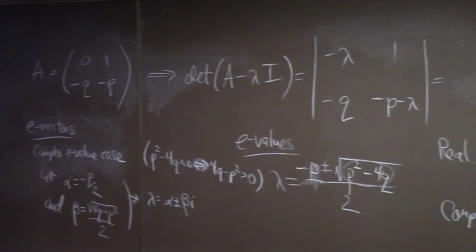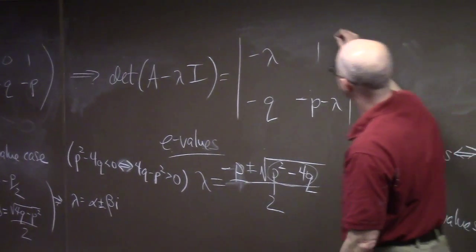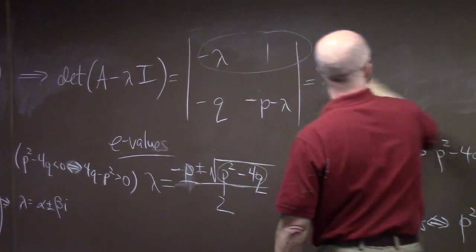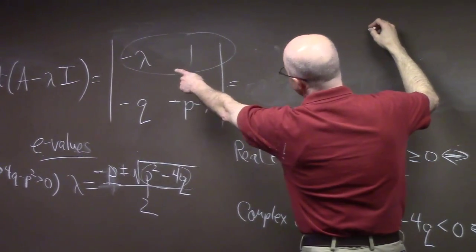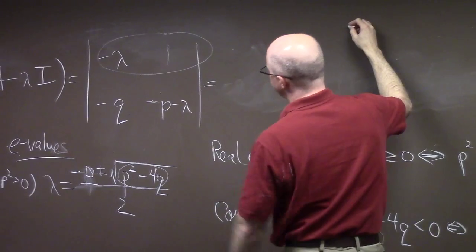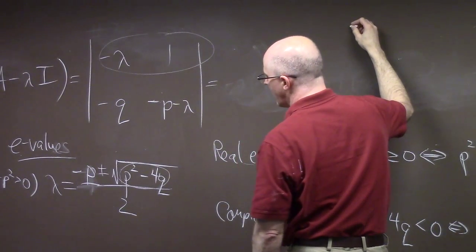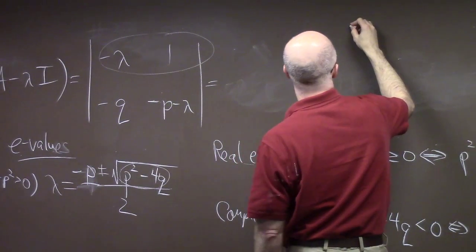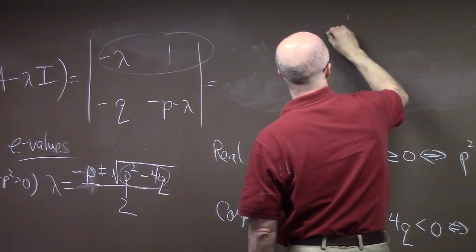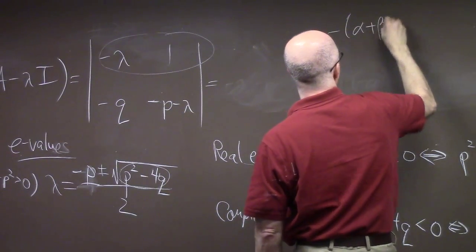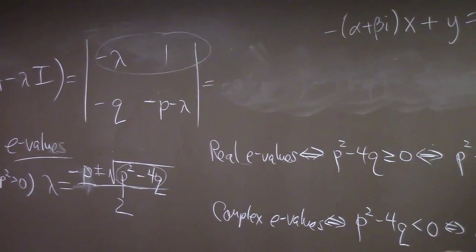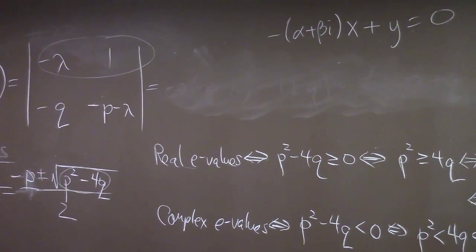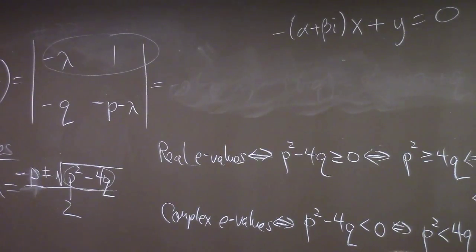Try to find the corresponding eigenvector. Again, I can focus on one of the equations: negative the eigenvalue times x plus 1 times y will equal 0. Writing the eigenvalue as alpha plus beta i, there's the equation you need to solve to find the complex eigenvector.